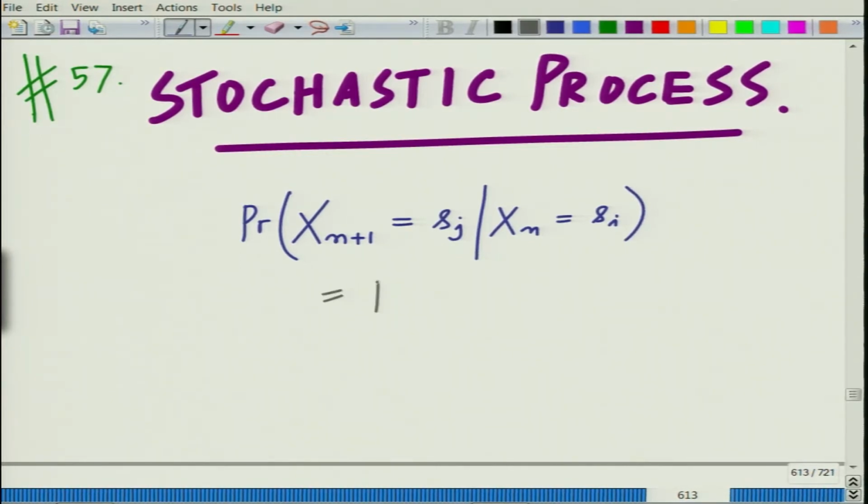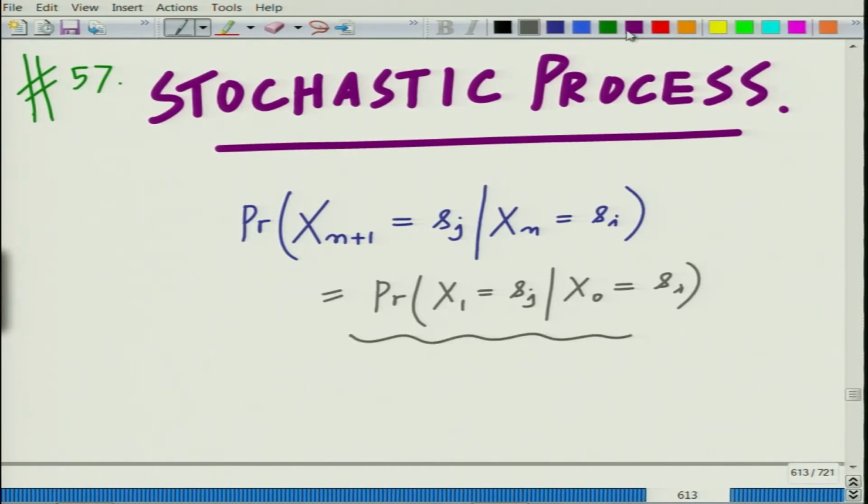This is equal to the probability that X1 equals Sj given X0 equals Si, and this essentially does not depend on n. It is time homogeneous.